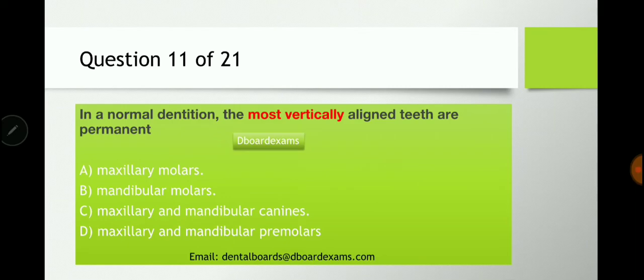All right. So question 11 of 21. In a normal dentition, the most vertically aligned teeth are permanent. Here I usually highlight the most important phrases, so you can focus on that and make sure you don't focus on something else.